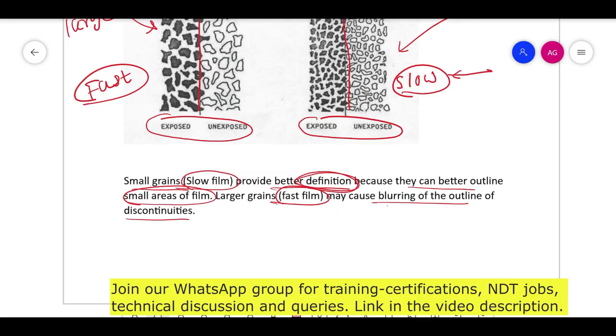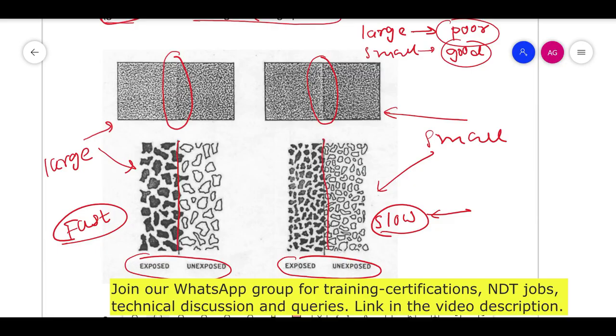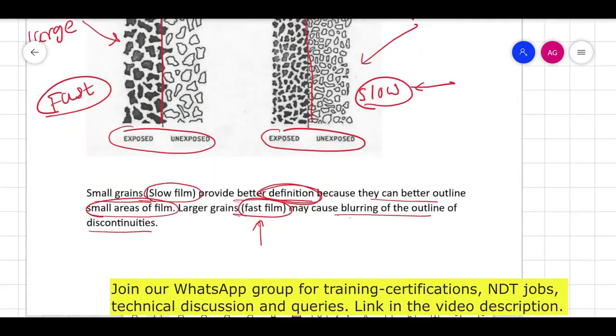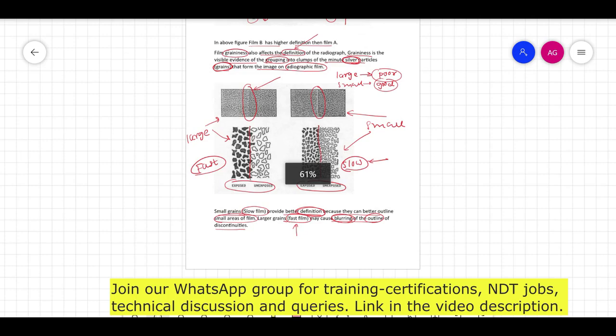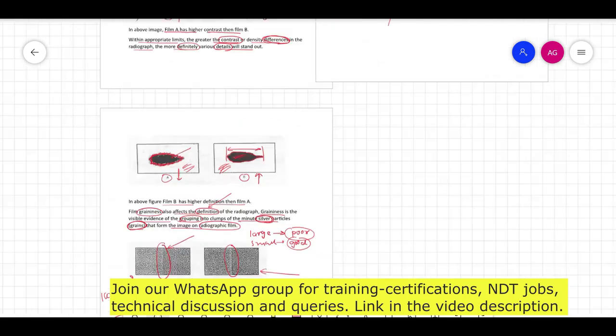So where there is large grain, that is, fast film which we saw on the left side here, you will not find this line in it. It is very difficult to find the line of demarcation. That may cause blurring of the outline of discontinuity, so the outline of the discontinuity will appear blurred to you. So you have to keep this in mind.